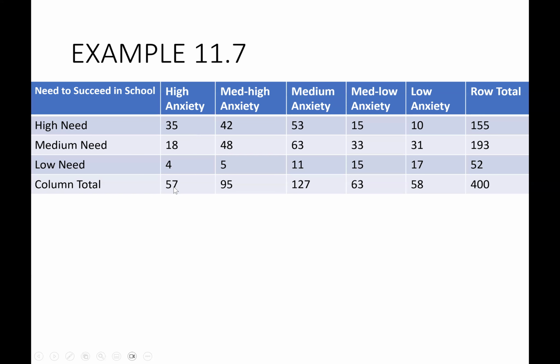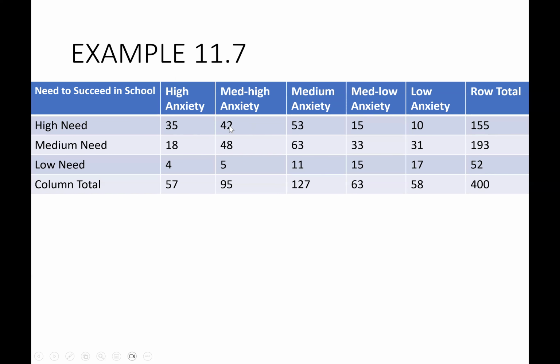So expected is row total times column total divided by total. So for that first cell in that expected value matrix, you're going to put 155 times 57 divided by 400. And you continue.